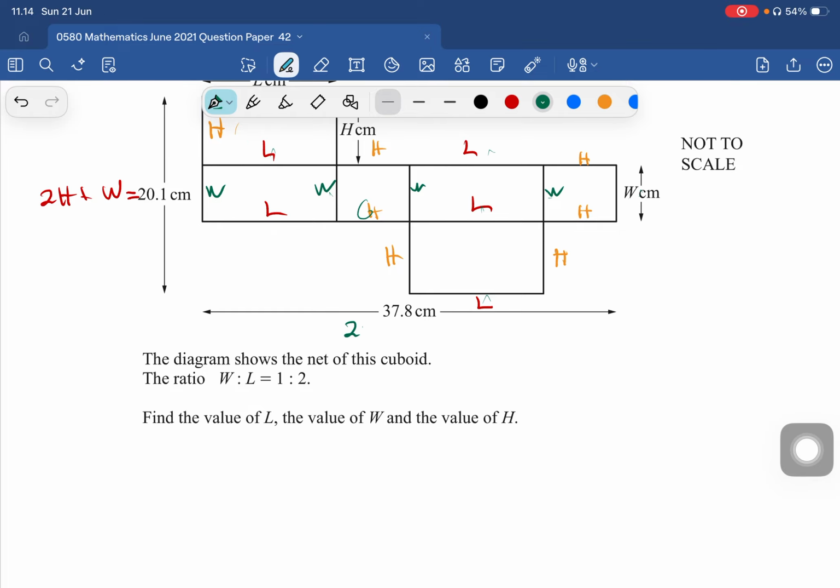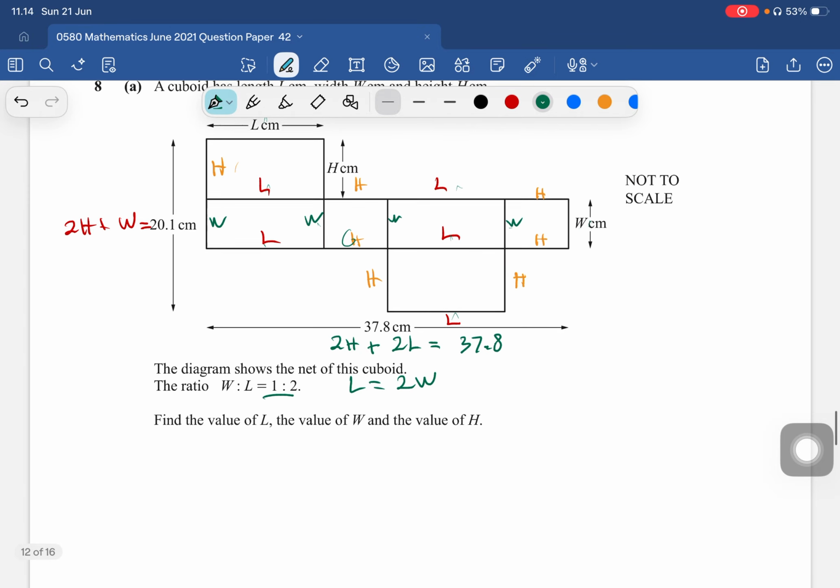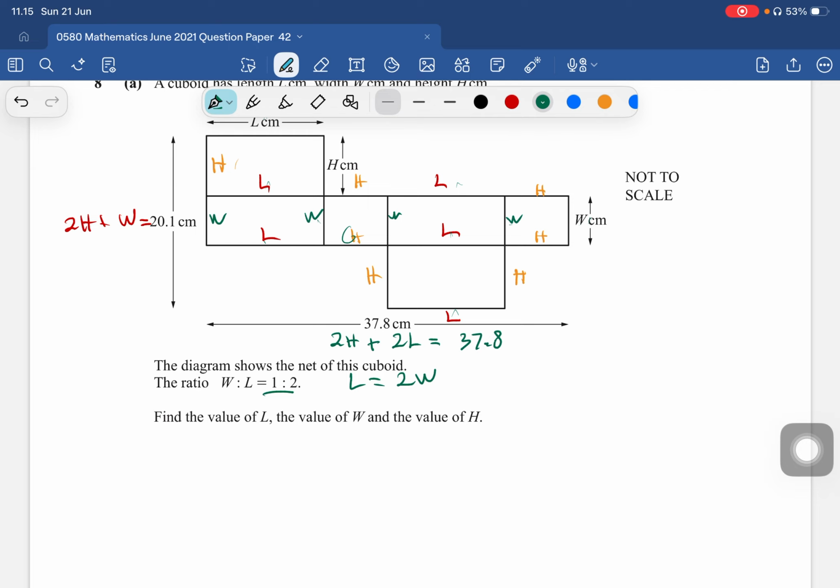Okay, here is the ratio. So L equal to 2W, L is to the W.